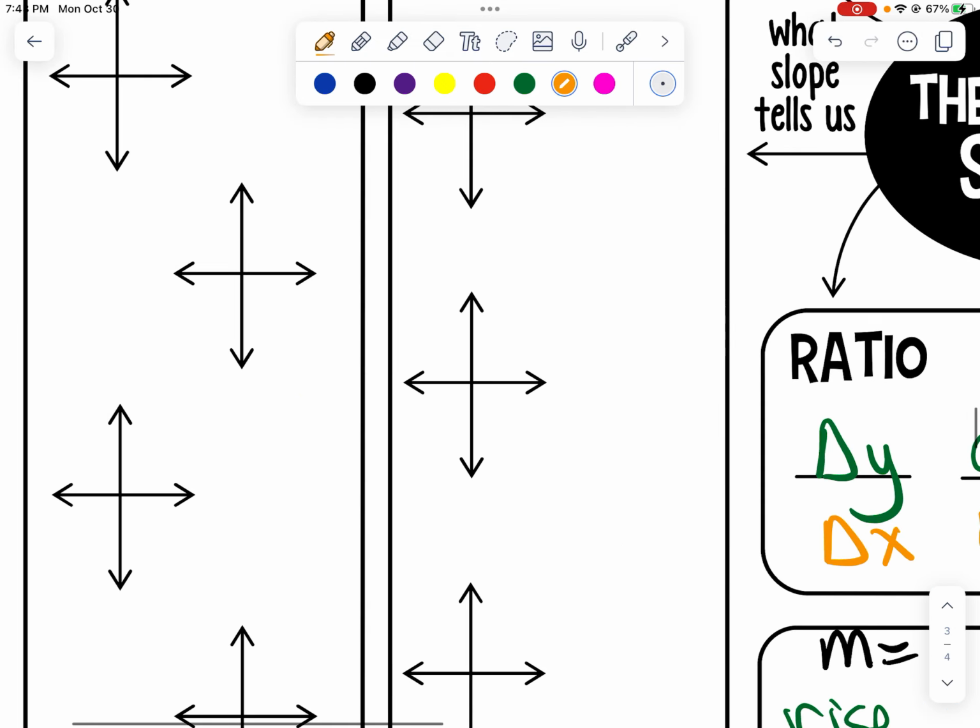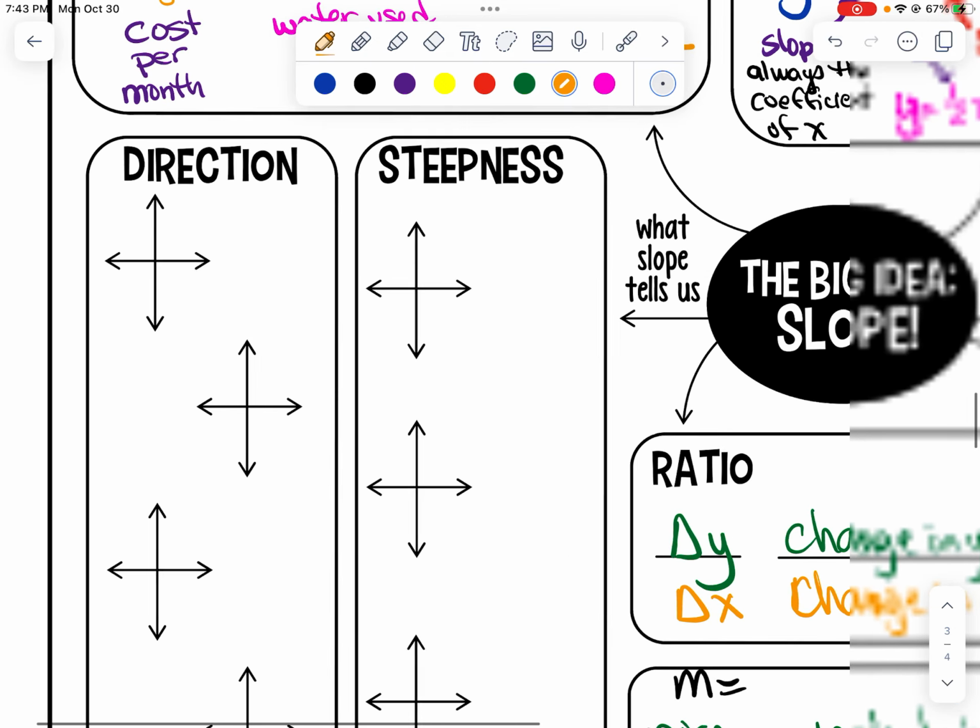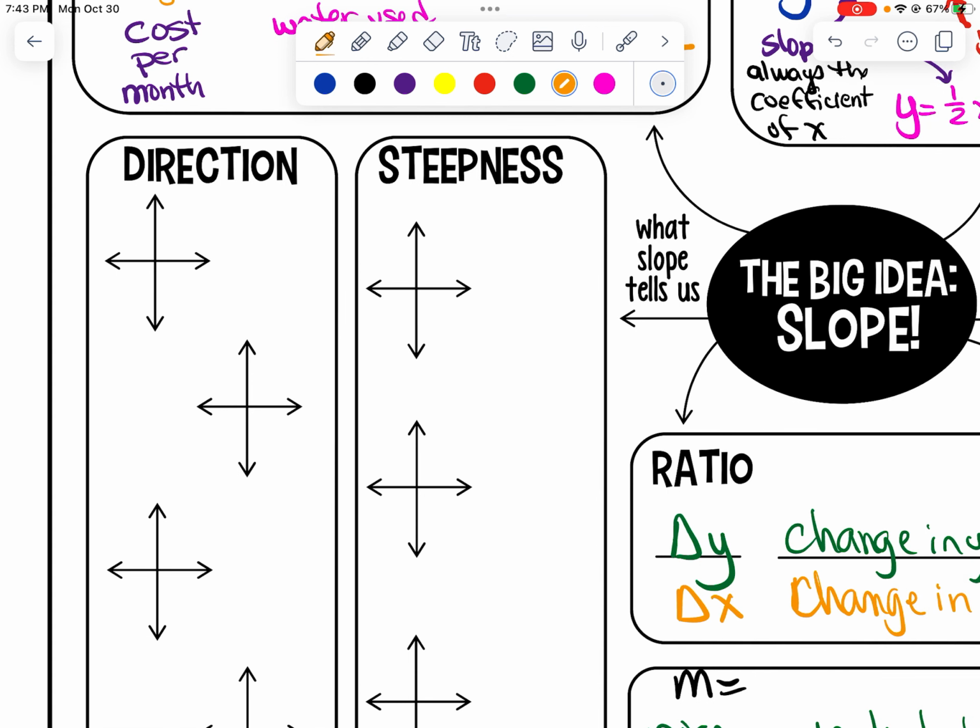Okay, and then we're going to come over here and talk about this. So this is where we get our slope dude, or Mr. Slope. If it's going this direction, it is increasing. If it's increasing, it has a positive slope. If it's going this direction, it is decreasing.